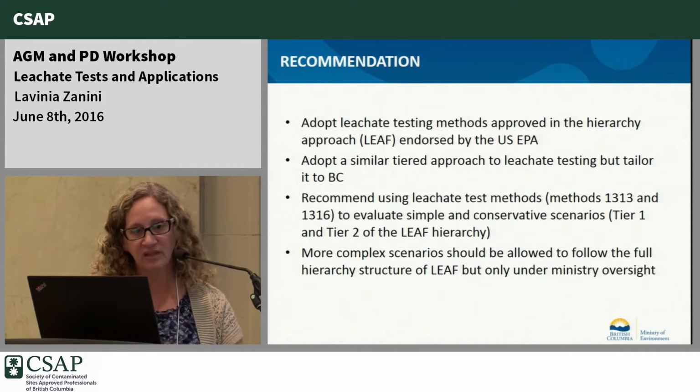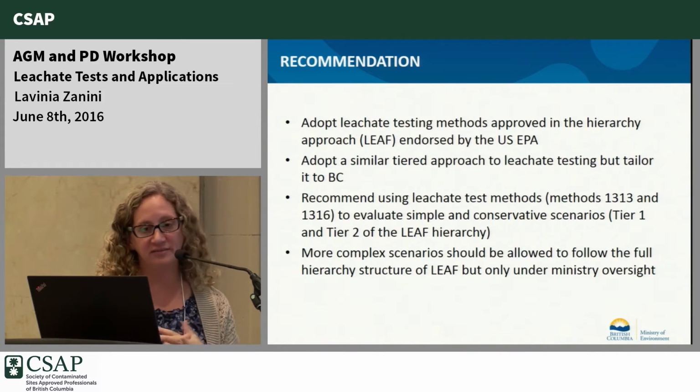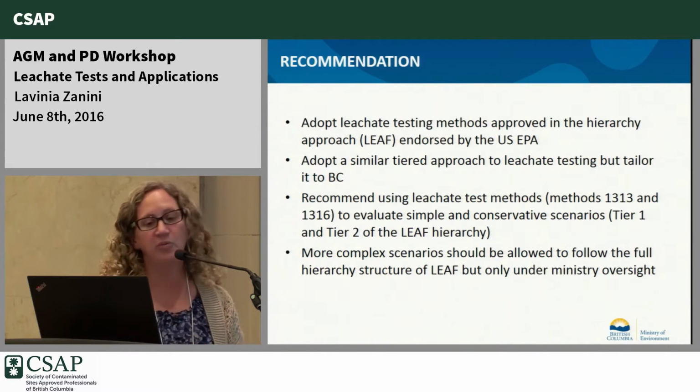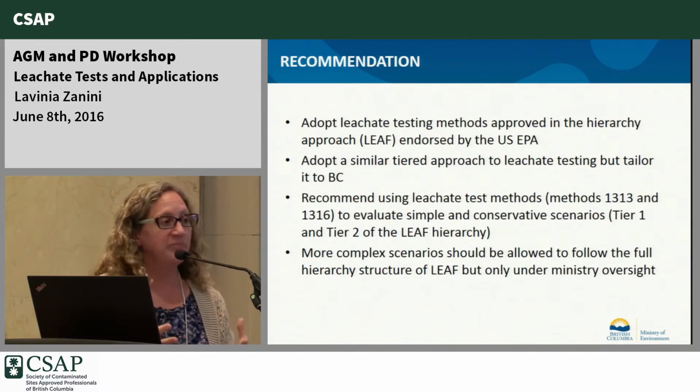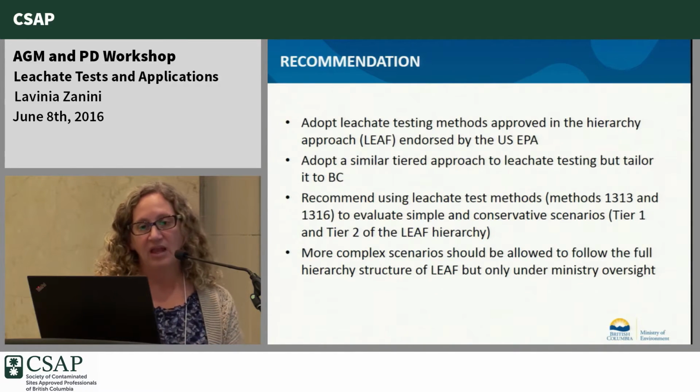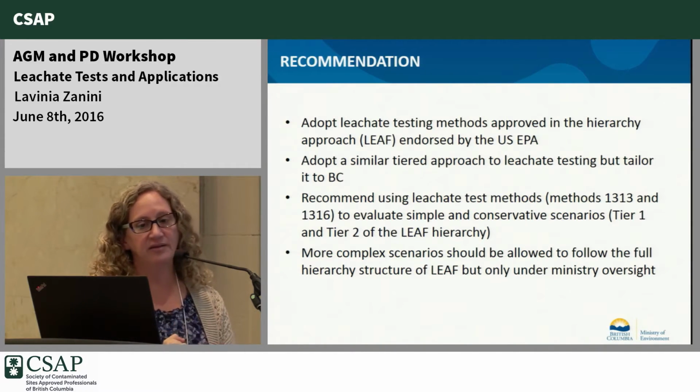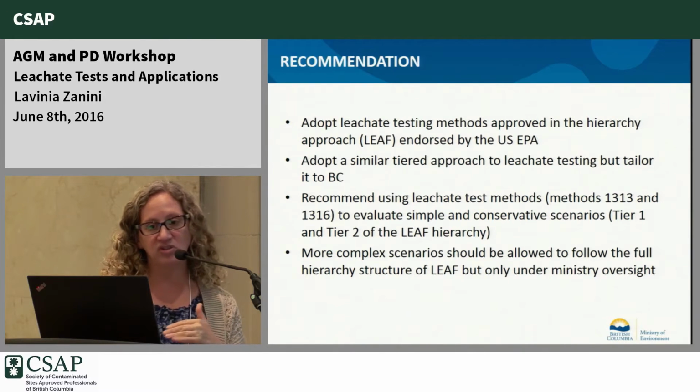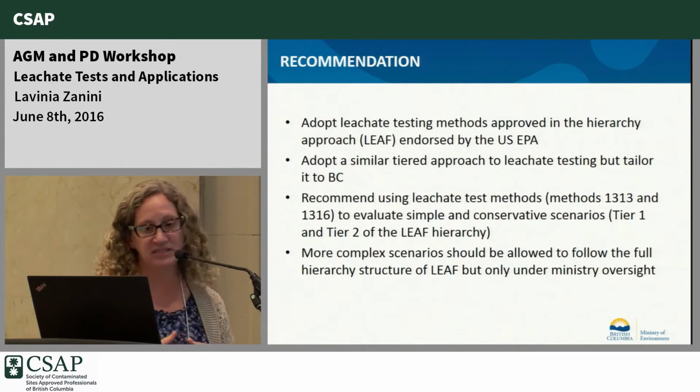So our recommendation to our group was basically, let's adopt these new leaching methods approved in the hierarchy approach, the LEAF approach, and look at a similar tiered approach to leachate testing, but tailor it to BC.